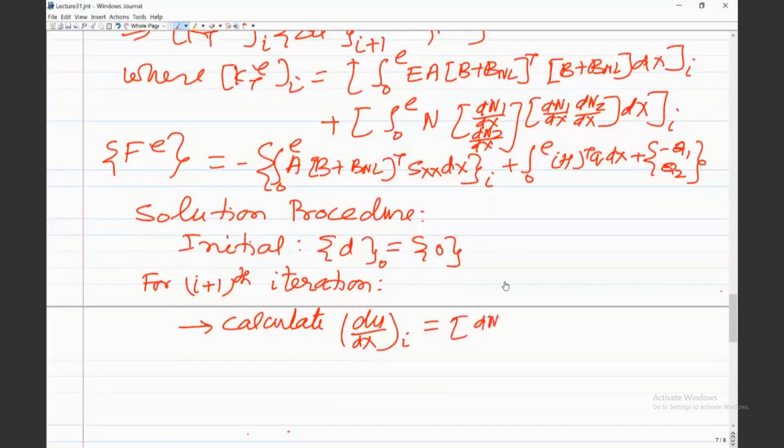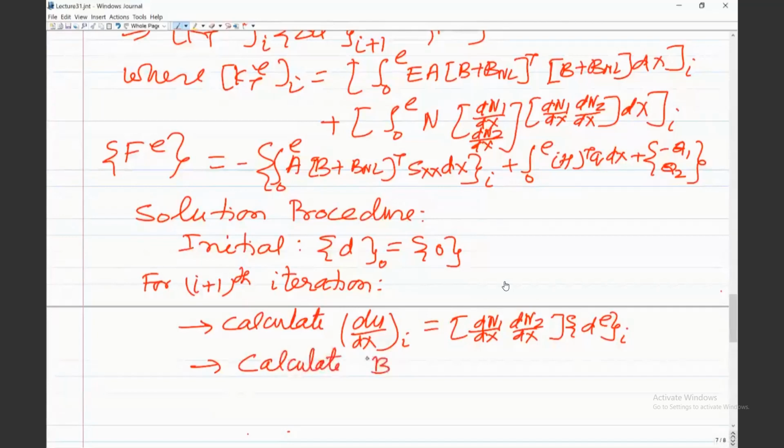So we will calculate this dN1 by dx, dN2 by dx, into d^e evaluated at the previous iteration, known at the previous iteration. Once you have this, then you calculate B and BNL. B of course is independent of d, but BNL would be calculated at the previous iteration.